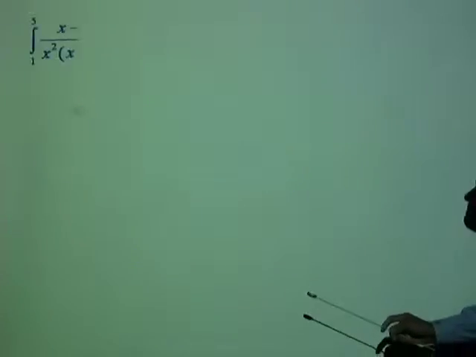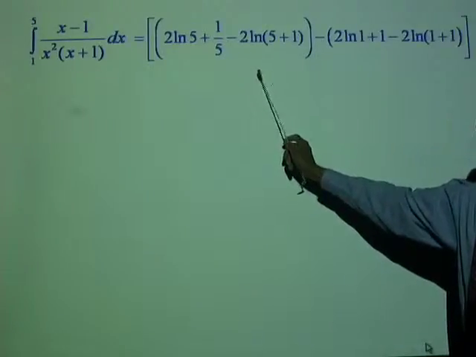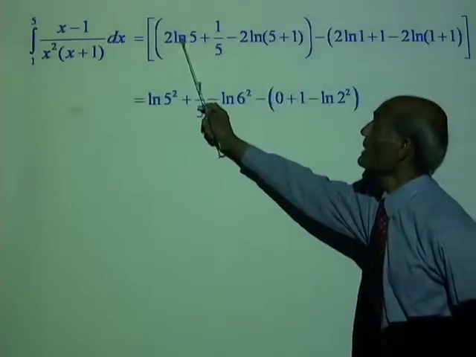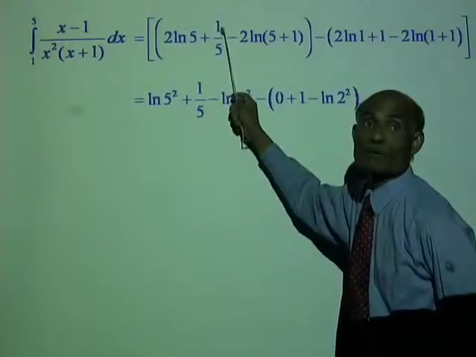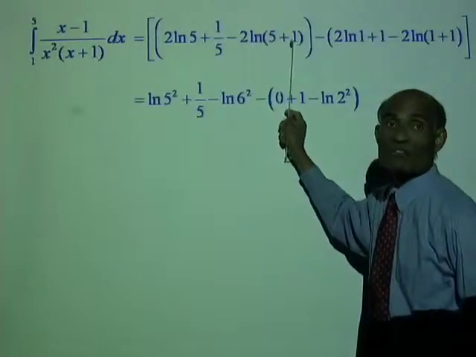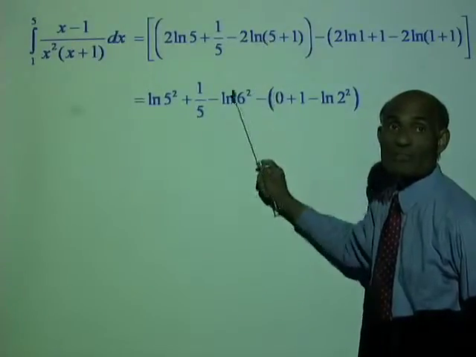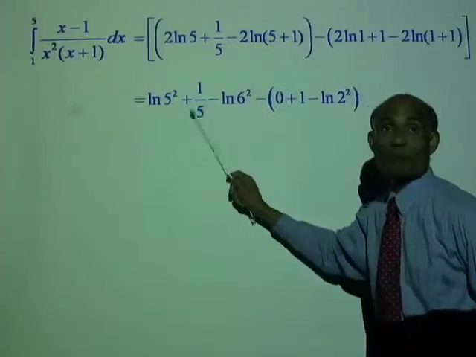Okay, let's take it over to the other side. Now this is what we had, and what will that become? 2 ln 5 is ln of 5 squared, plus 1 over 5, and minus 2 ln 6 is minus ln of 6 squared. Now that is your upper limit.